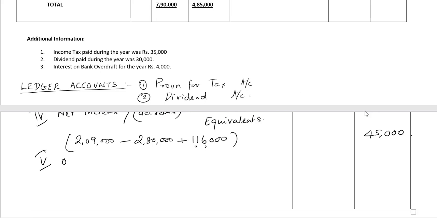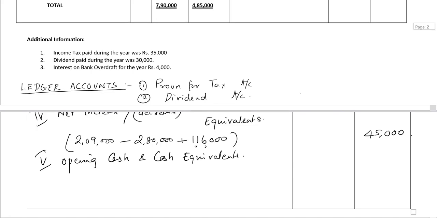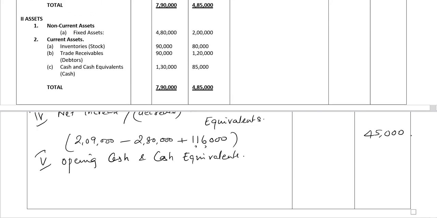Five is opening cash and cash equivalents. As per the balance sheet, the opening cash and cash equivalents is 85,000 rupees.